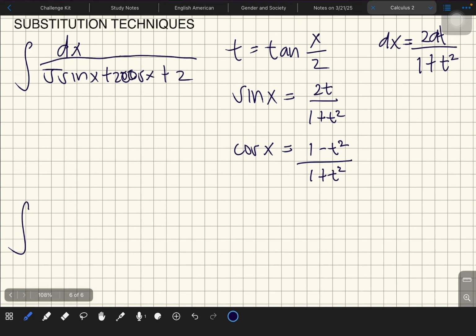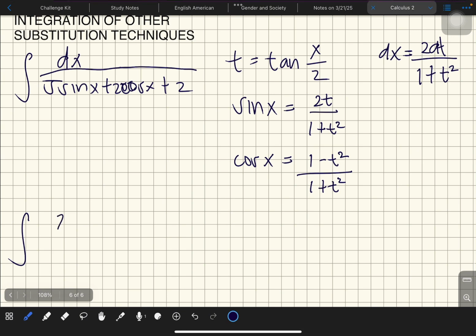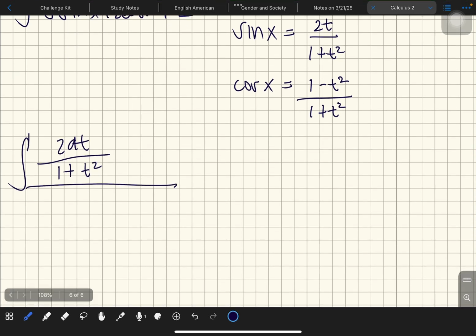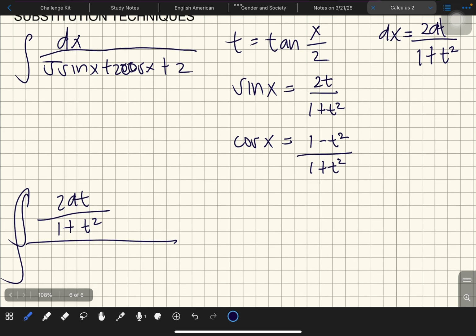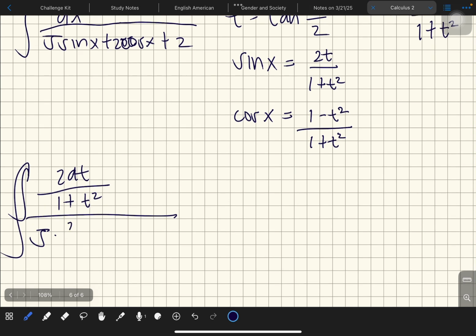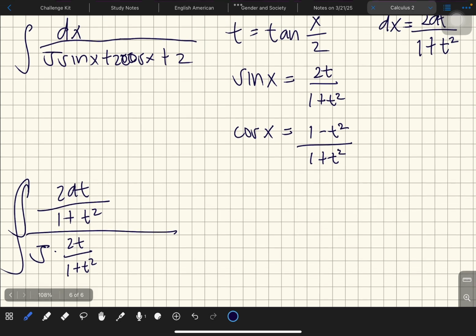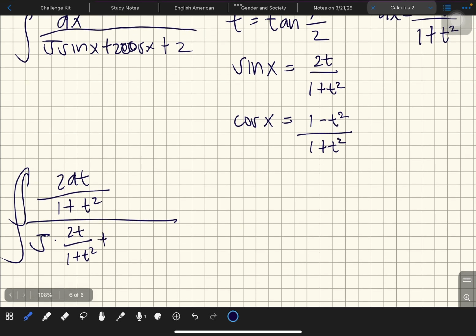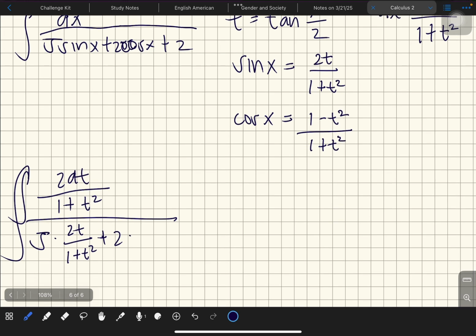So dx is equal to 2 dt over 1 plus t squared, over 5 times sine x, which is 2t over 1 plus t squared, plus 2 times cosine, which is 1 minus t squared over 1 plus t squared, plus 2.